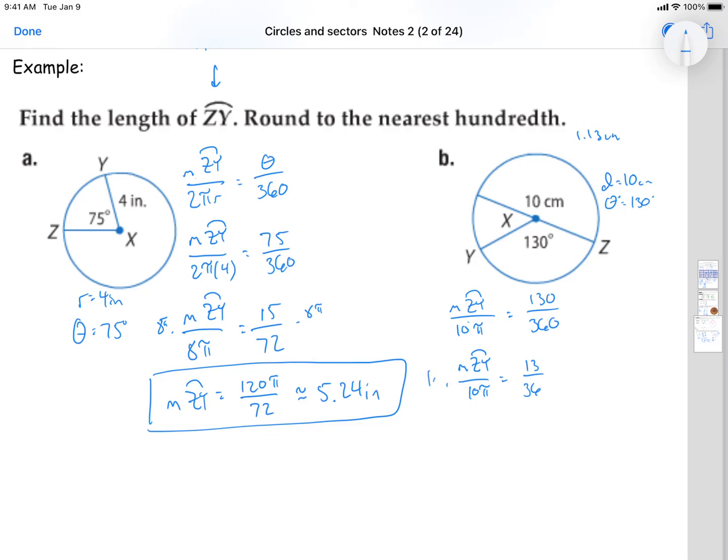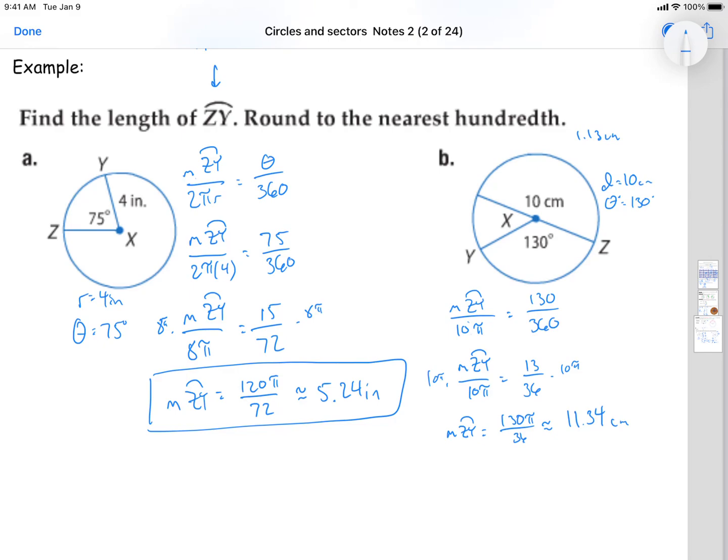I'm going to multiply both sides by 10 pi, and I get measure of arc ZY is equal to 130 pi over 36, which is approximately 11.34 centimeters.